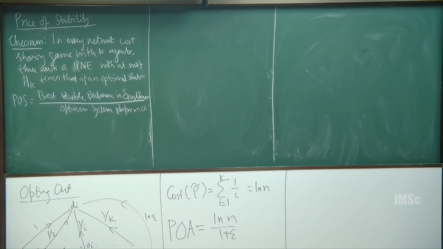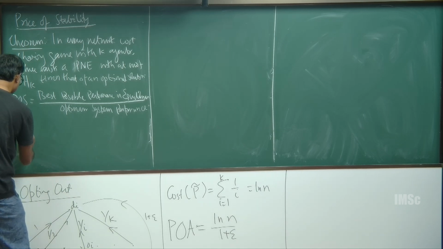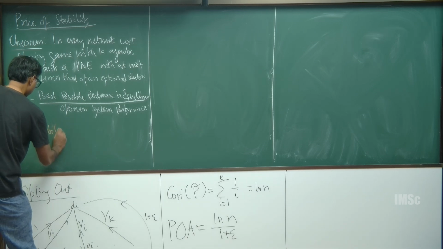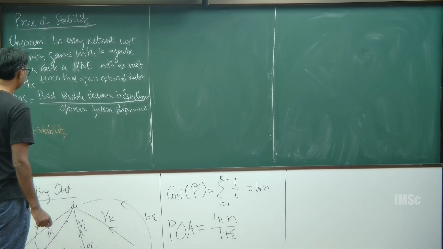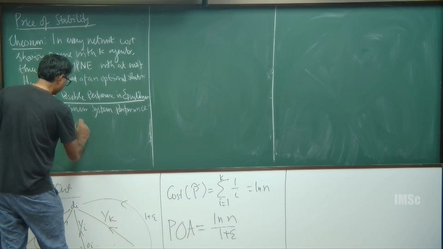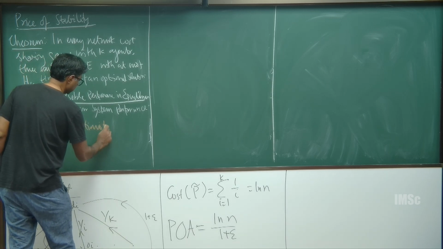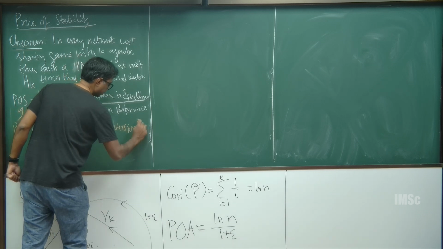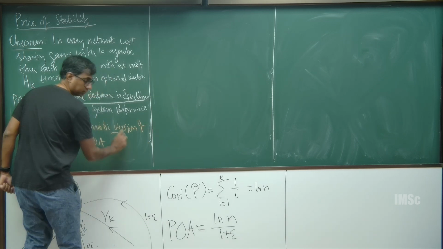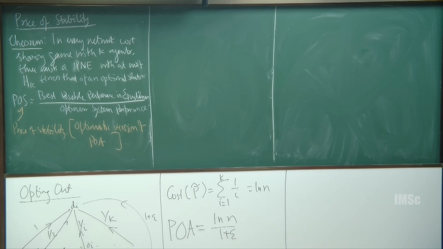So the price of anarchy asks what is the worst you can do in equilibrium, and this asks what is the best you can do in equilibrium.